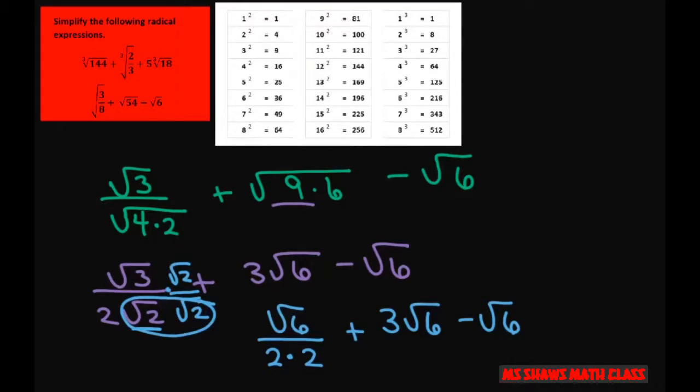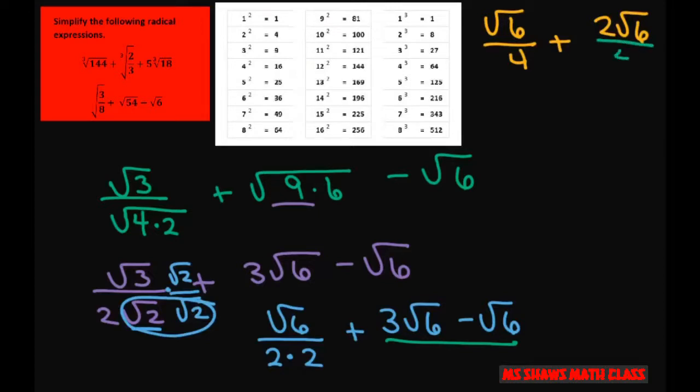All right. This is just going to be, square root of 2 squared is 2. So we have square root of 6 divided by 4 plus 2 square root of 6. Now what I want to do is write this with a 4 here.